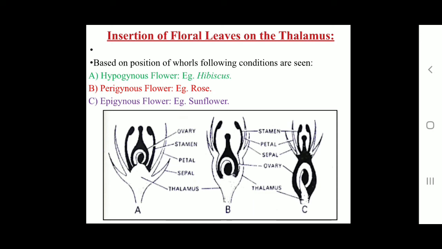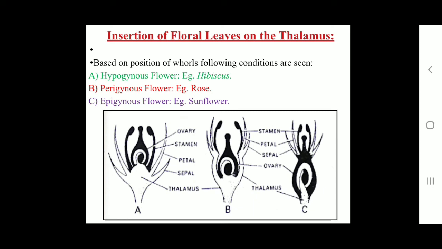Then next topic in this chapter, that is insertion of floral leaves on the thalamus. The floral leaves are inserted on the thalamus in four whorls in sequence.